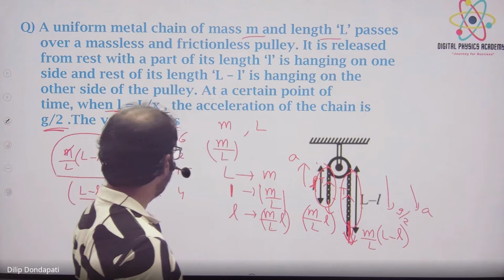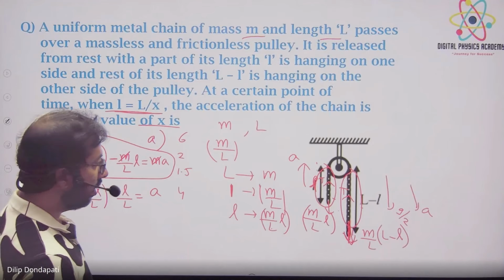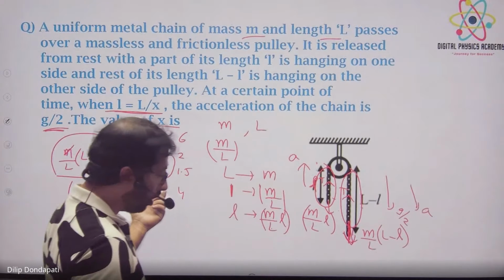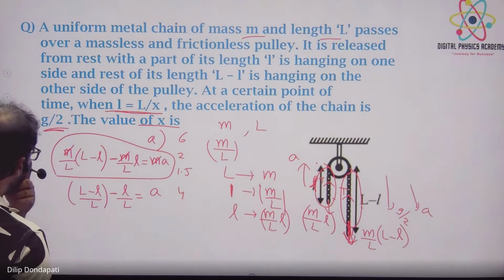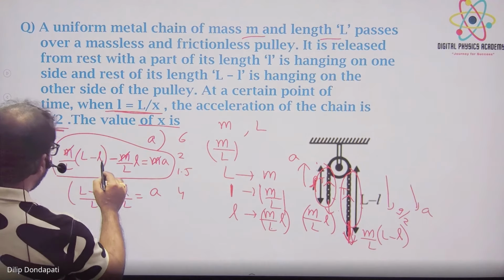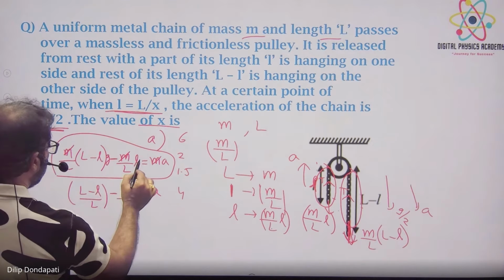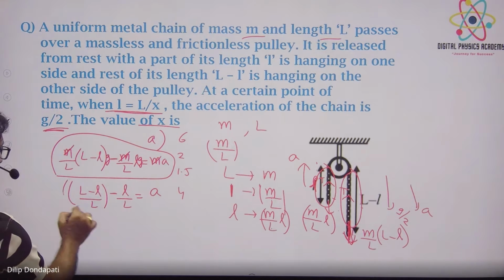What is g? g is 10. Now substitute, the g is left over.